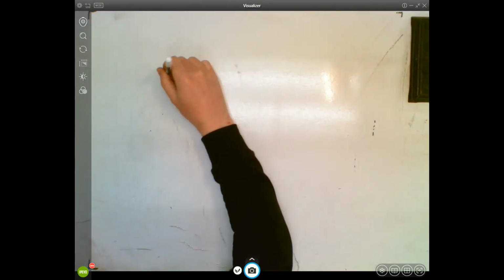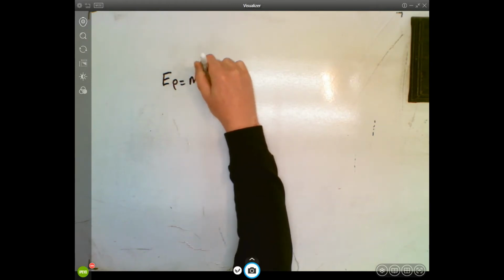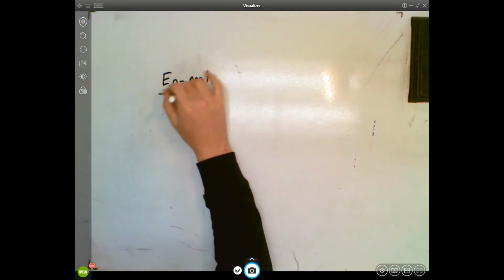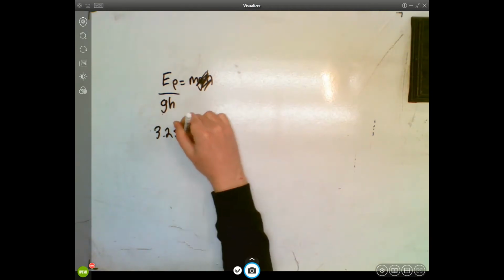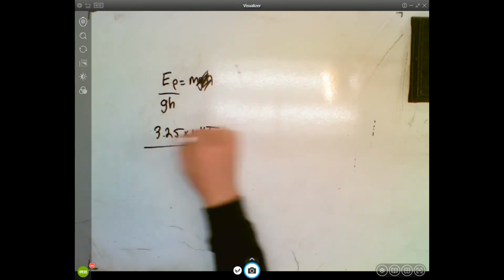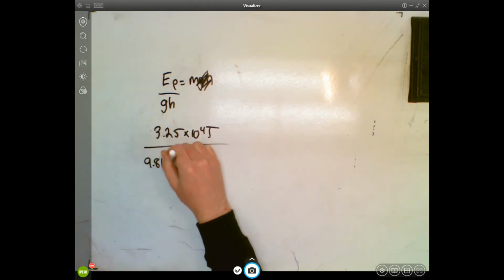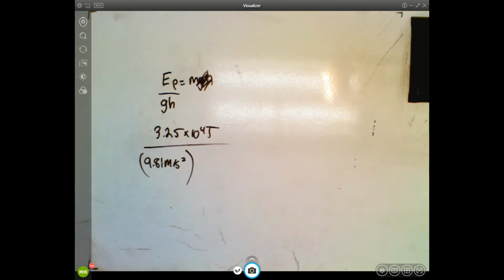So you have EP equals mgh, and we are trying to find out what is the magnitude of the mass. So our gravitational potential energy is 3.25 times 10 to the 4. g is 9.81 meters per second squared. And then our height is 15.2 meters.